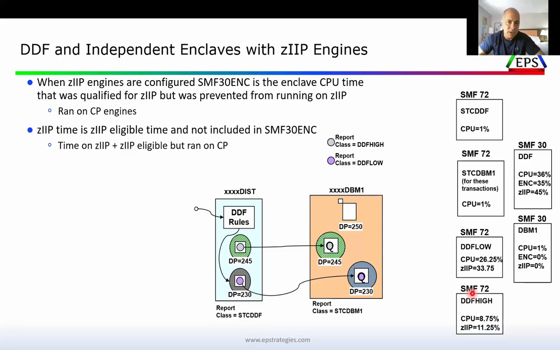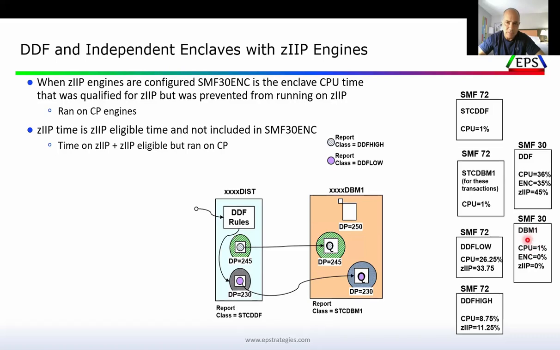Now, just to complete the discussion, if I was to look at the type 30 records, we don't get type 30 records for enclaves. What we get is just type 30 records for address spaces. So in this particular address space, when you look at those CPU times, we're going to see that the SMF30 record for DDF is where most of the CPU time is accumulated, right?